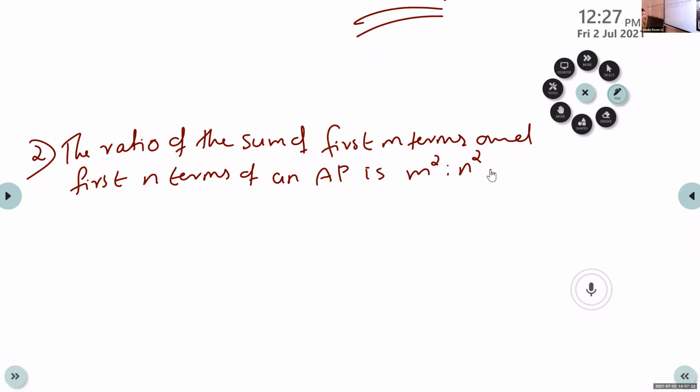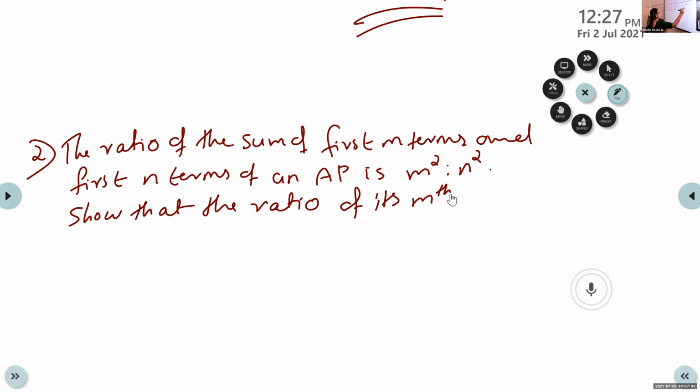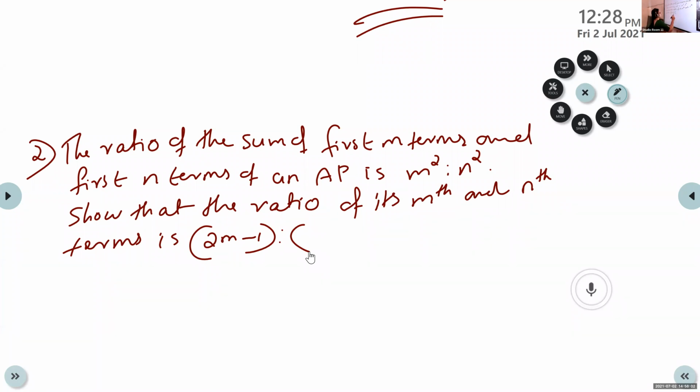Show that the ratio of its mth and nth terms is 2m minus 1 is to 2n minus 1.